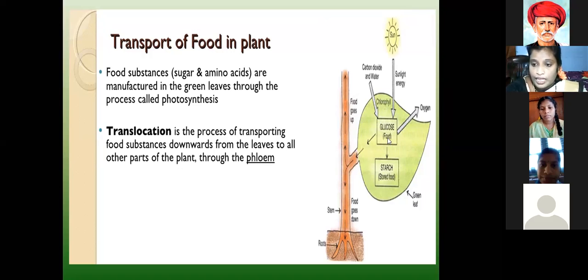Why? Because green leaves have chlorophyll pigment and participate in photosynthesis. In the presence of sunlight, absorbing carbon dioxide from the atmosphere and water and minerals from the soil, through photosynthesis the plants prepare their own food.